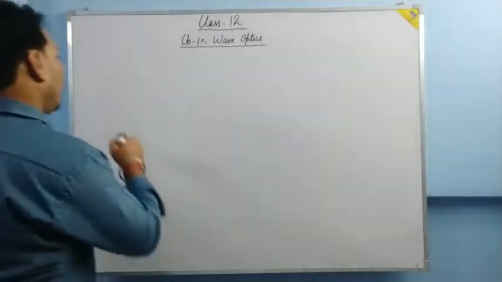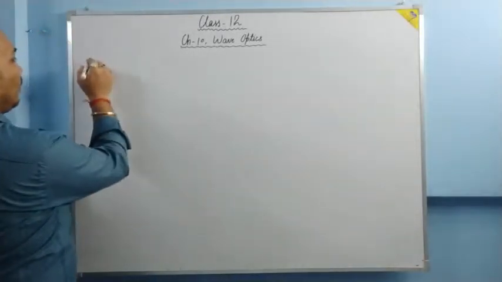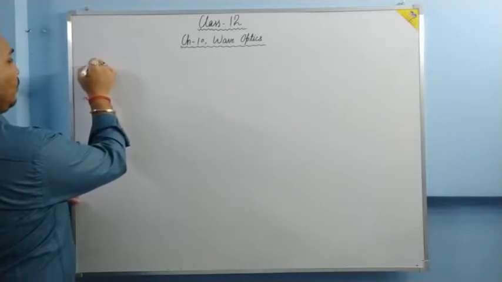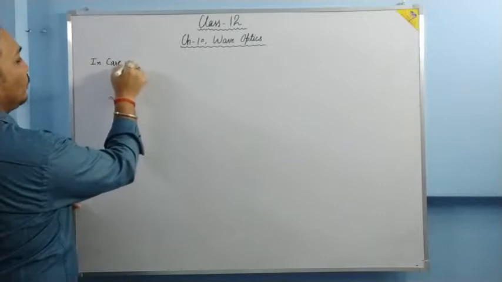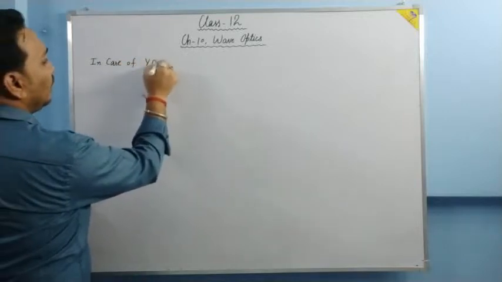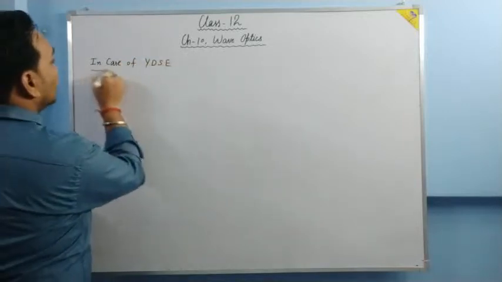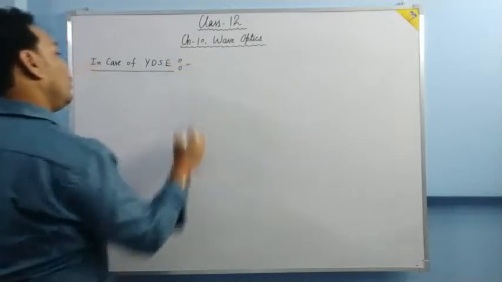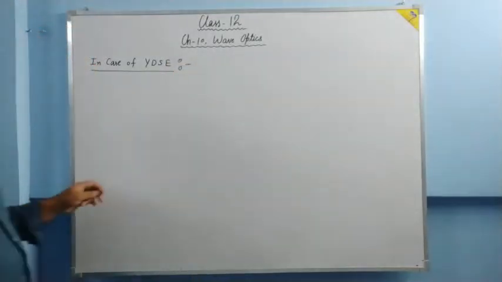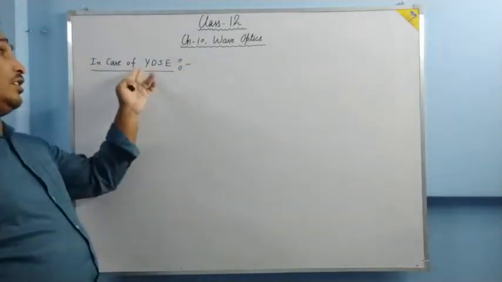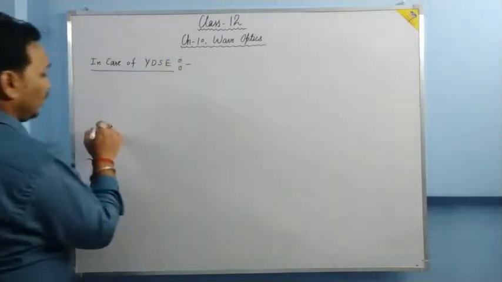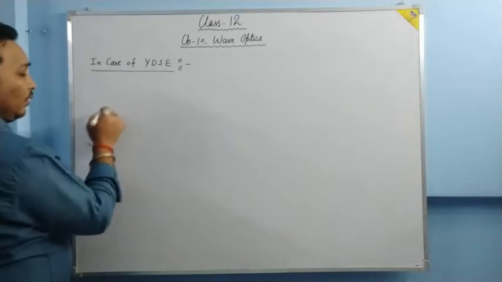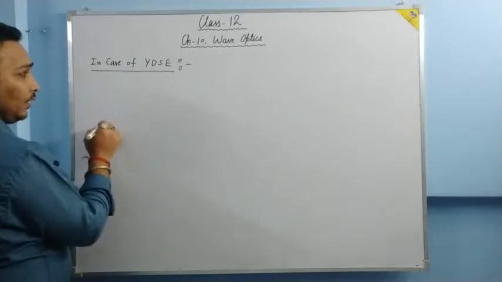Okay, now in case of YDSE, what is YDSE? Some of you might have guessed it is Young's double slit experiment. In Young's double slit experiment, if I remind you, what was that?